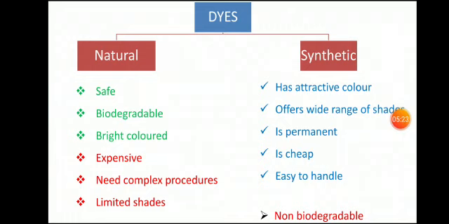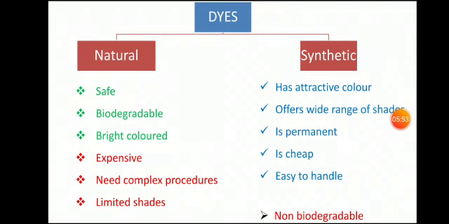Now these dyes, depending upon their sources, are divided into two types: natural dyes and synthetic dyes. Natural dyes have some advantages because they are safe, biodegradable, and bright colored. But they are expensive, need a more complex procedure for application, and have limited shades. So nowadays natural dyes are replaced by synthetic dyes.